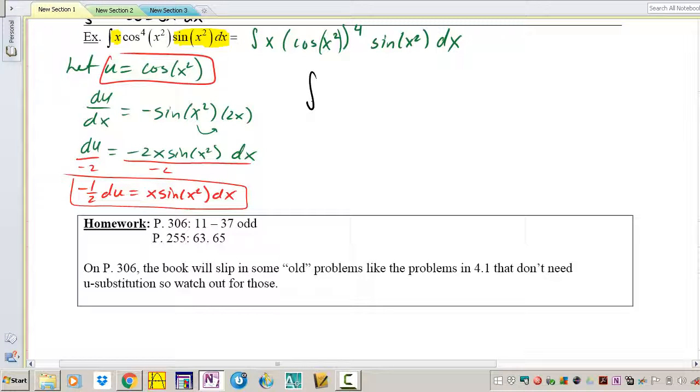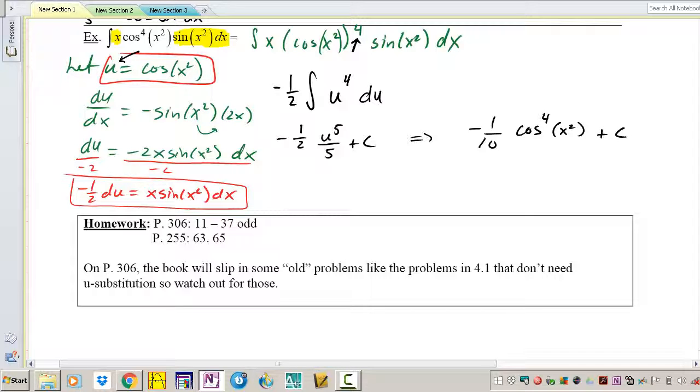So it's the integral times the negative half of u. Here's my u, which is being raised to the fourth, and then du. u to the fifth over 5 plus c, and that is negative 1 over 10 times cosine to the fourth of x squared plus c.